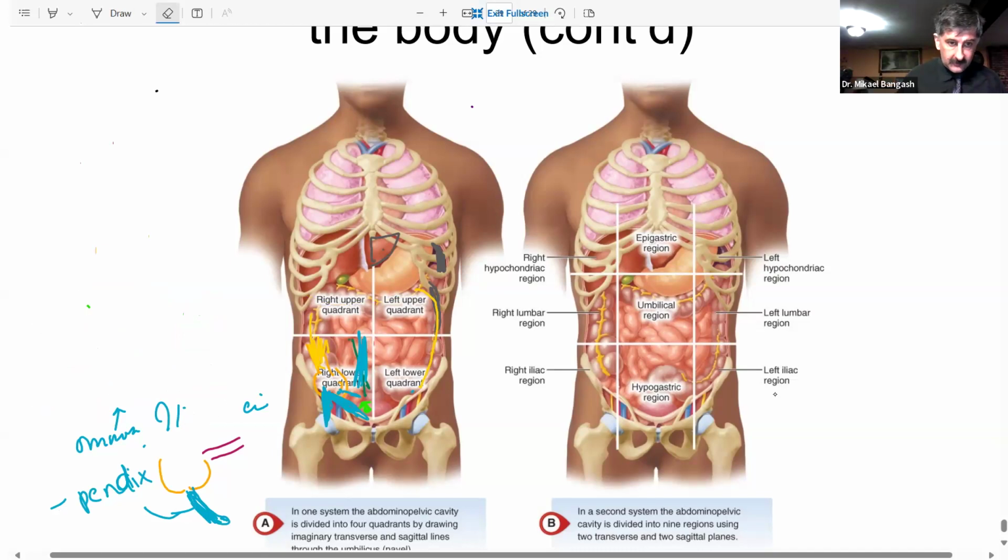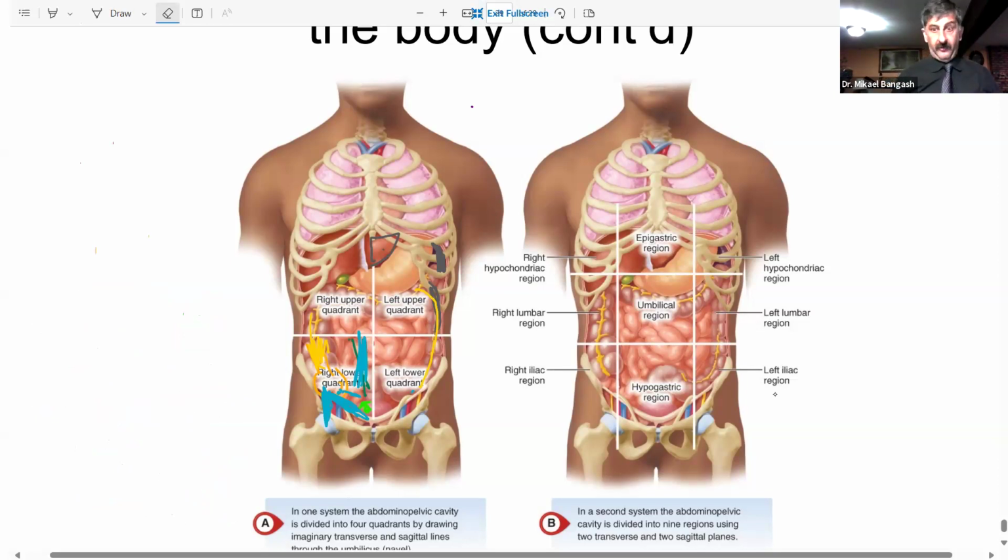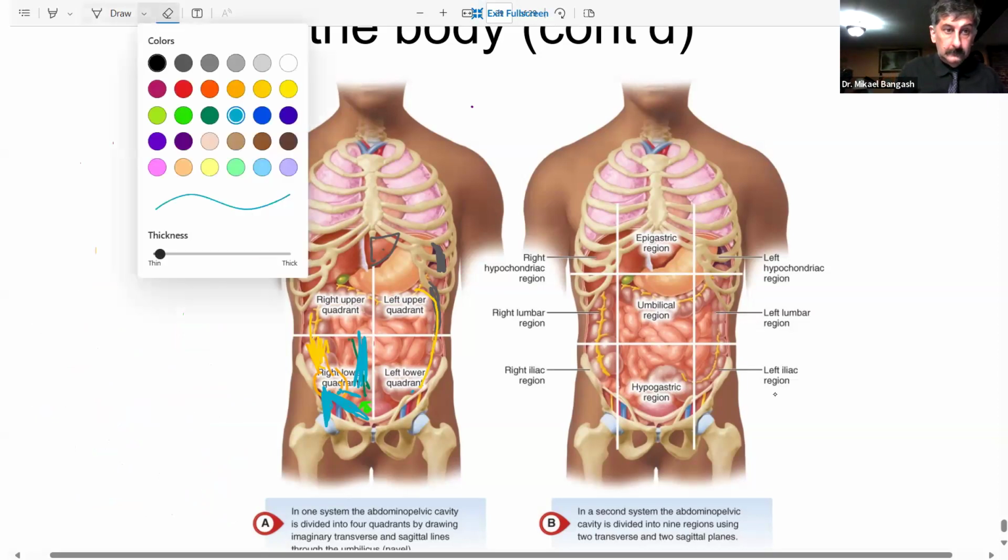Oh, sorry, quadrants. And please, guys, don't label your quadrants as regions and regions as quadrants. So let's just start from one side. Left hypochondriac region.